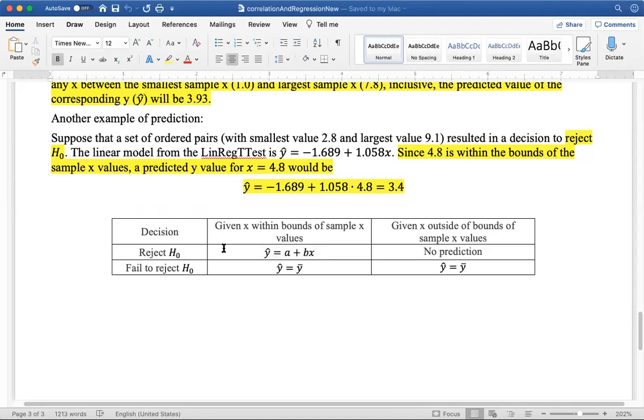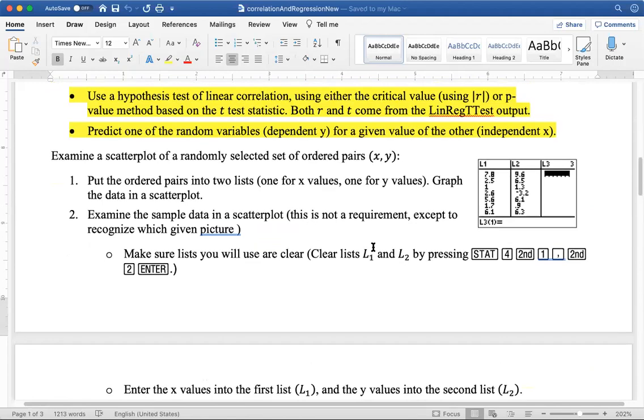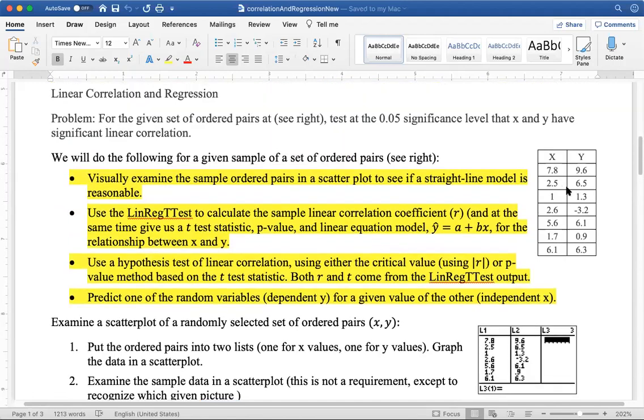So if we reject H0 and the X that is given to us is within the bounds of the sample X values, and let's go back and take a quick peek at what those bounds were. What's the smallest sample X? 1.